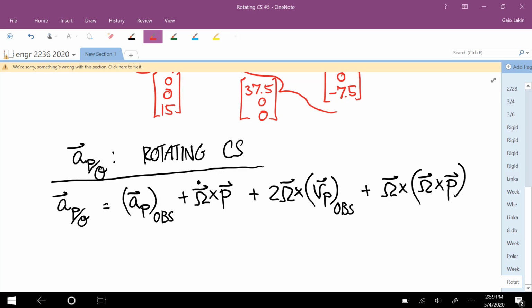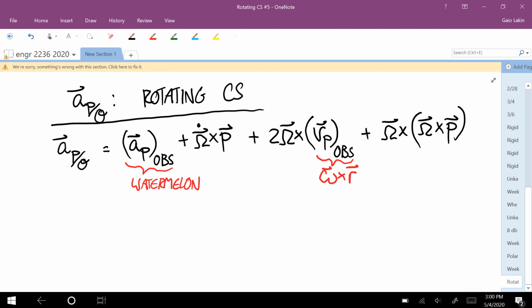Okay, well, again, this observed velocity is going to be omega, not of the coordinate system, but of the arm, crossed with r. So let's calculate those.